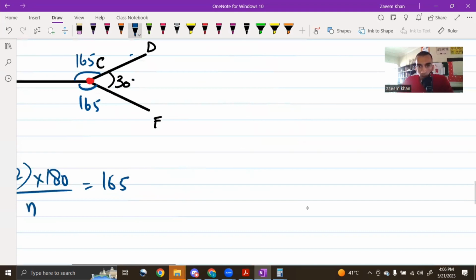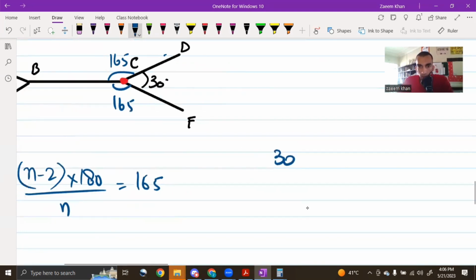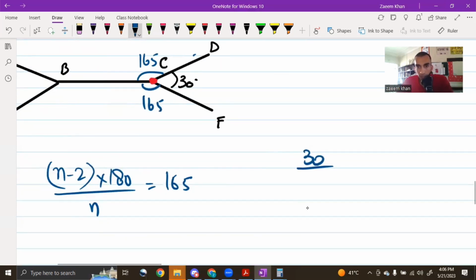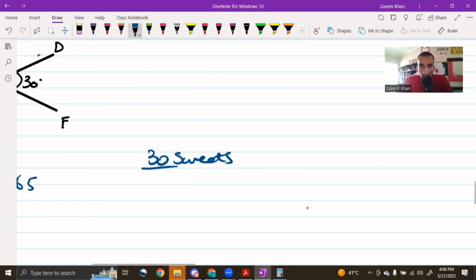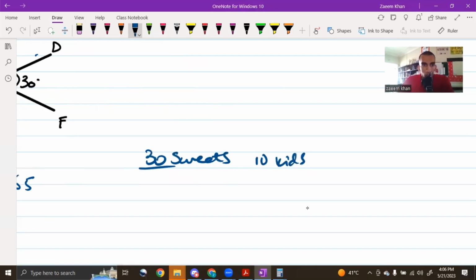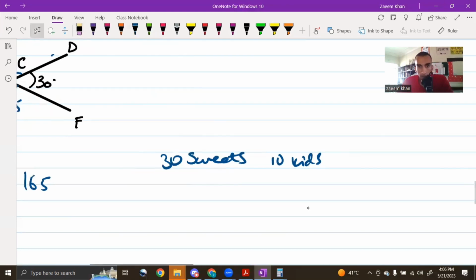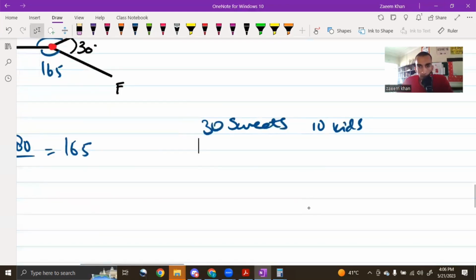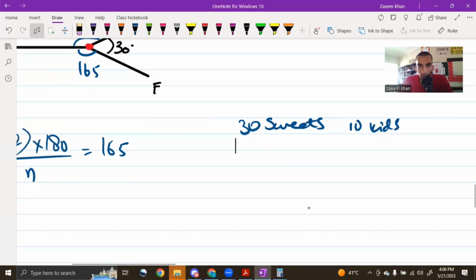Imagine, Rida, you've got 30 sweets, and you're supposed to distribute them amongst kids who are at the birthday party, and there happen to be 10 of them. If you've got 30 sweets and you've got 10 kids in front of you, how many sweets would each kid get?